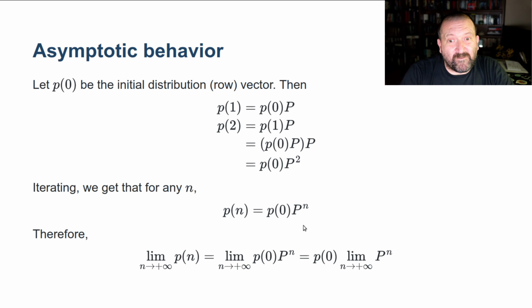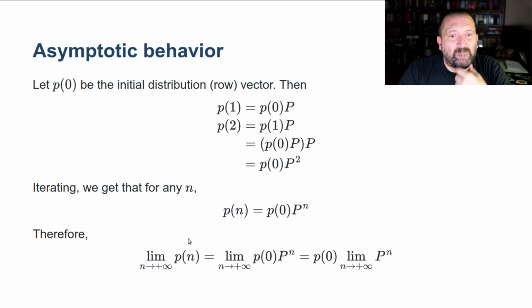It's easy to see that if I want to know the distribution of probability at time n of the Markov chain, it is simply given by P of 0 times the transition matrix to the nth power.